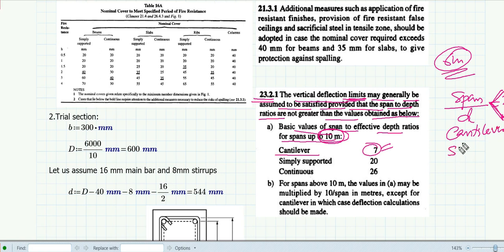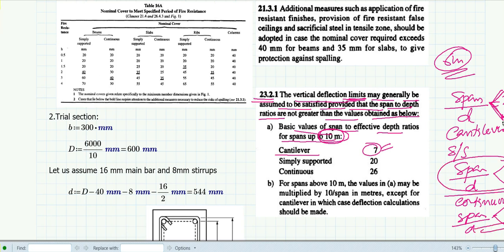For a simply supported beam, the span to depth ratio should be less than 20, and for continuous it should be less than 26. So this criterion can also be used to assume the depth of the section, as the span is already known. For our case, simply supported, it should be less than 20.